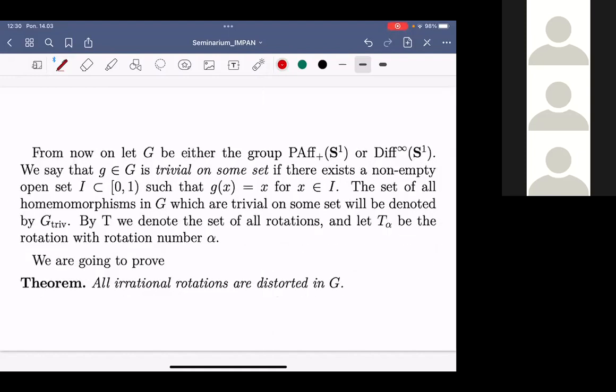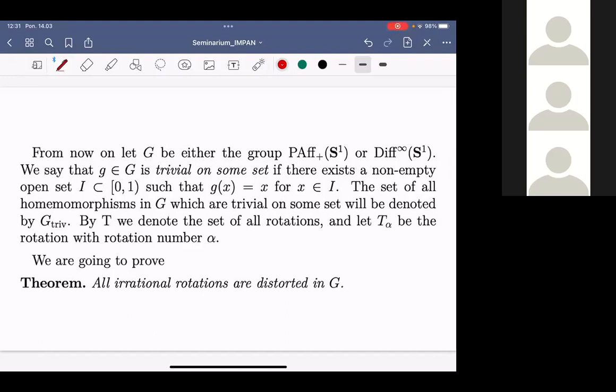From now on we will assume that our group G is either the group of piecewise-affine circle homeomorphisms or smooth diffeomorphisms. You will see that the construction is so general that we will be able to extend it to other groups of homeomorphisms because we will have some freedom in defining this. And what is the purpose?